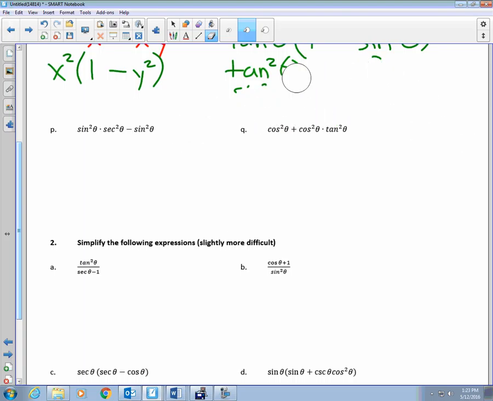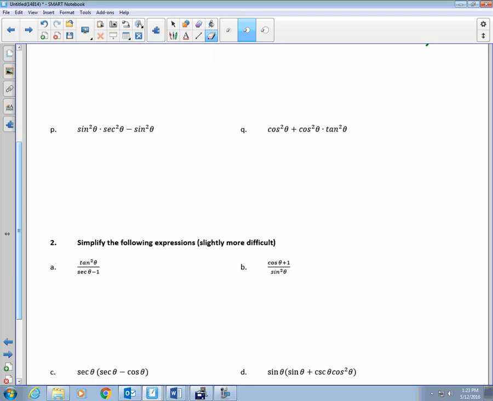Two more. What can we factor out of the next one? Let's factor out the sine squared. What are you left with here? Secant squared. What are you left with here? Is secant squared minus 1 something special on your note sheet? Tangent squared.